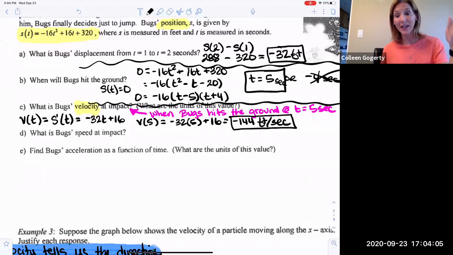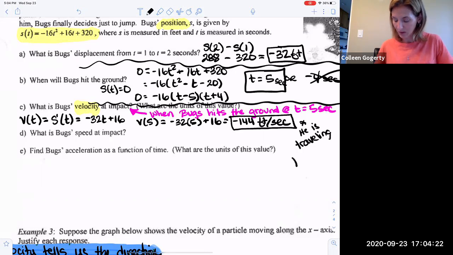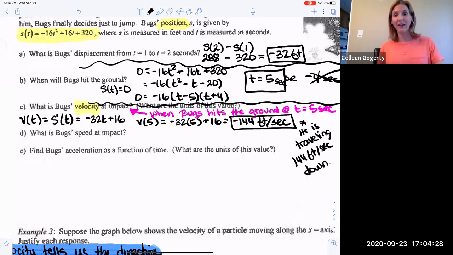The negative tells us, you gotta think Bugs Bunny is traveling vertically, the negative tells us down. So maybe you need to make a note for yourself, just since this is the first time we're doing it. Okay, he is traveling 144 feet per second down. That's what the negative means.